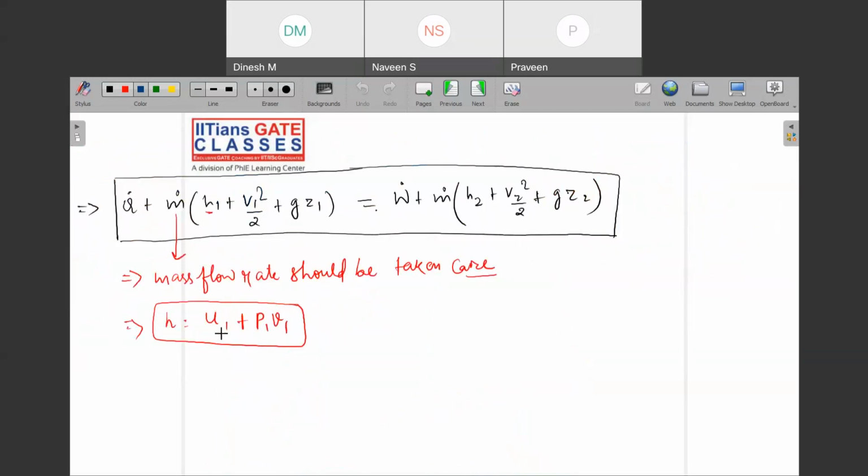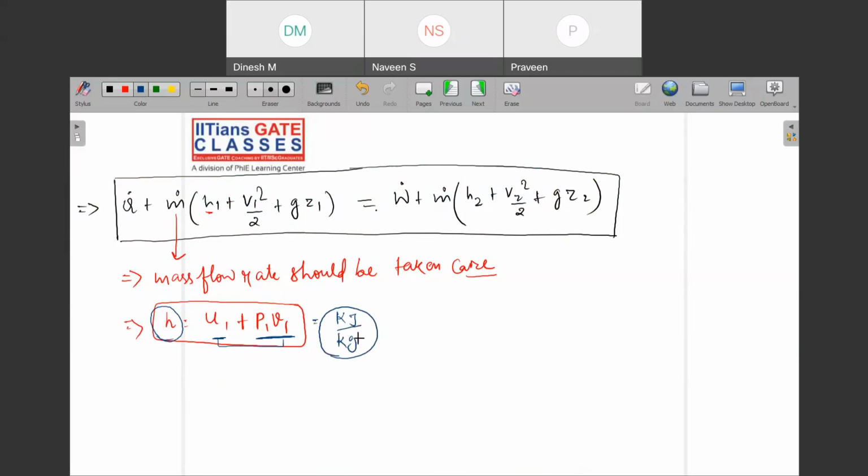Every time you are dealing with some flow, this pressure and its velocity will always be there, and internal energy is always there. So you will always be dealing with the sum of these two. That is why we take them in one single variable, called H, and the unit is kilojoule per kg.